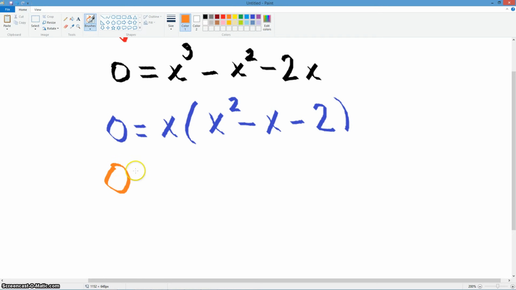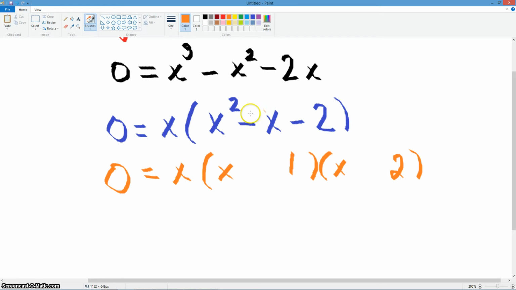So I have 0 equals, don't forget my x, and I'm going to factor that quadratic into 2 sets of parentheses. I have x squared, so I know that can only happen if I have x and x. I'm trying to get a multiple of 2, and there's only one, and that's 1 and 2.